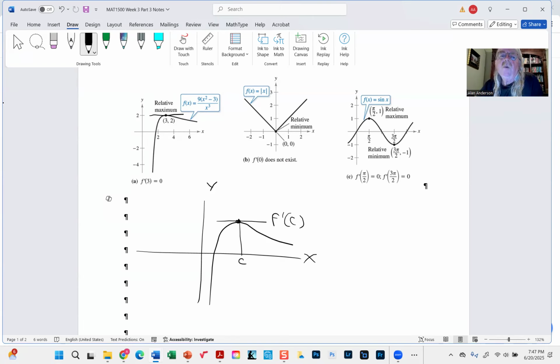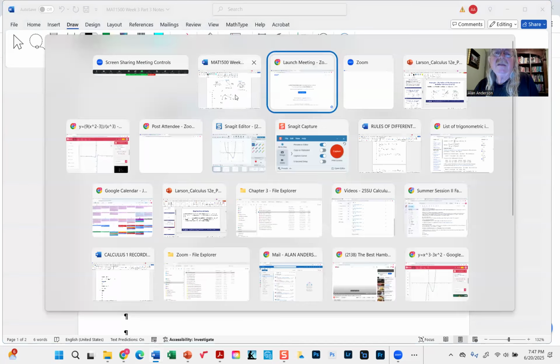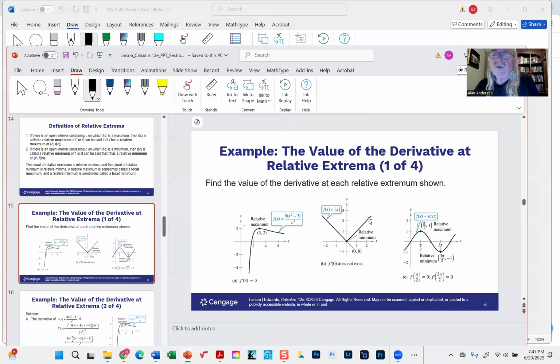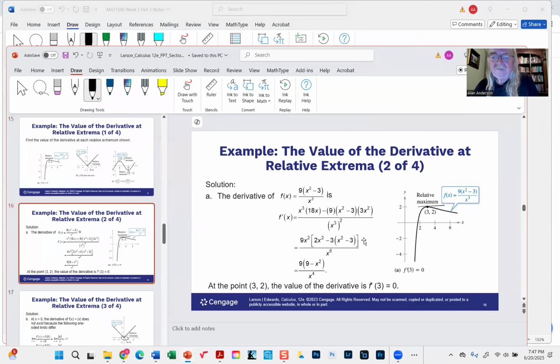Okay, so what they did was they went ahead and took the derivative of this function, and it was quite a mess, but they did all the work for us. So when they found this derivative using the quotient rule, they showed that it turned out to be 9 times 9 minus x squared over x to the 4th.